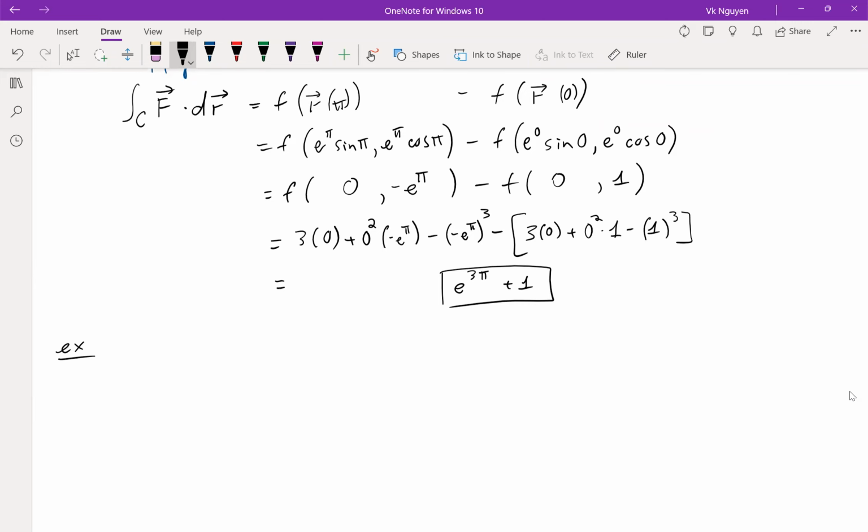Evaluate the integral of F dot dr, where this is the vector field F here: yz, xz, xy plus 2z.